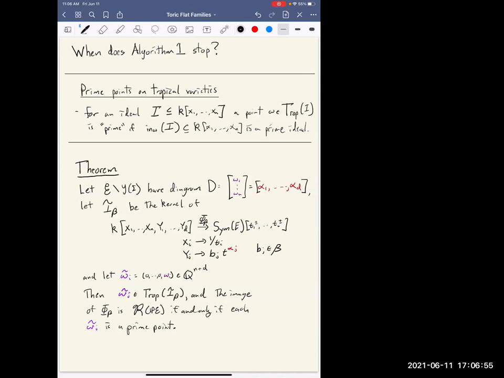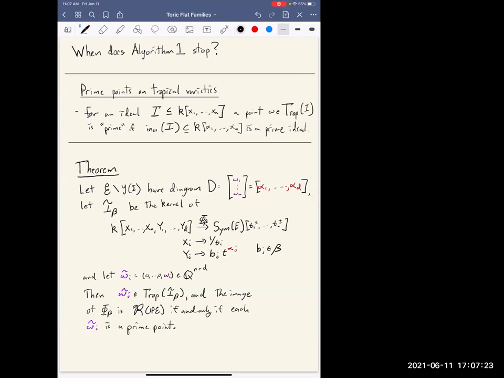So this is the notion of a prime point on a tropical variety. So for an ideal and a point on the tropicalization of that ideal, we say that the point is prime if the associated initial ideal is a prime ideal. And once again, these objects come about when one considers toric degenerations of projective varieties that emerge from Newton-Okounkov theory.